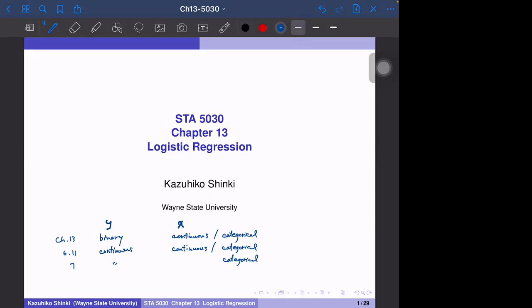In chapter 8, the chi-square test and Fisher's exact test, we have categorical y and categorical x. Actually, it's not a regression model. So now we can see what chapter 13 does.